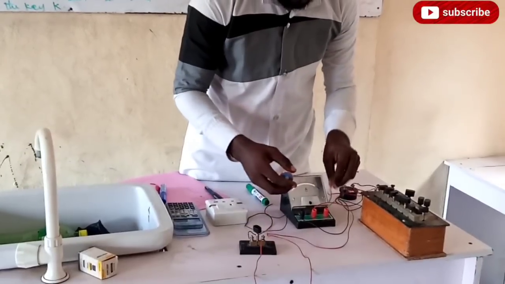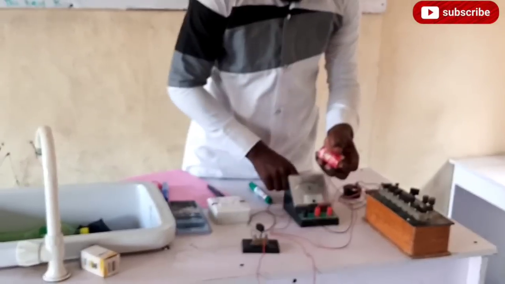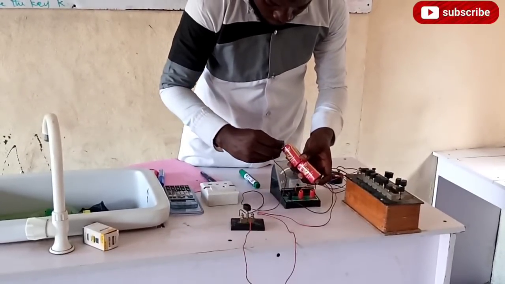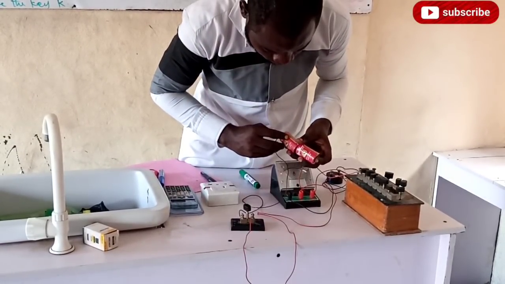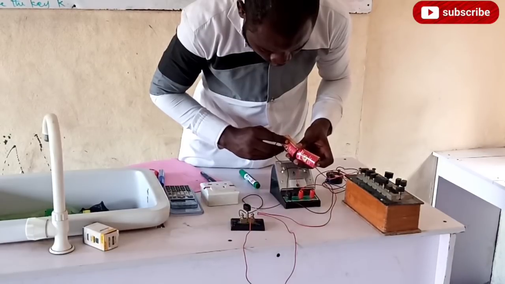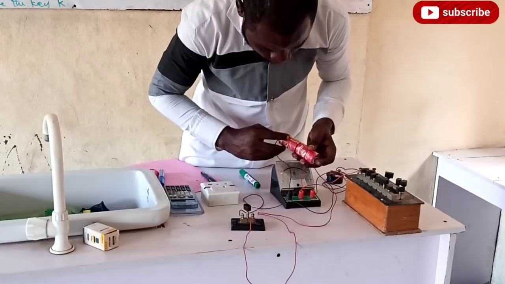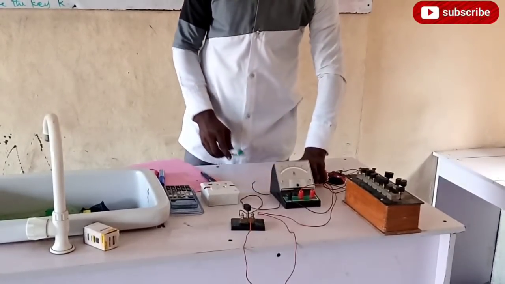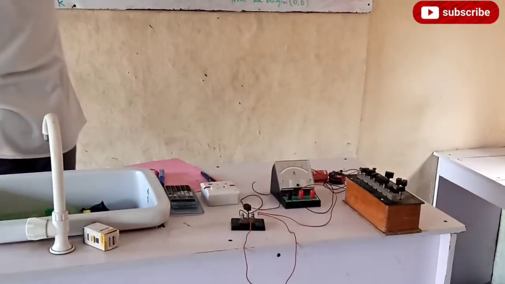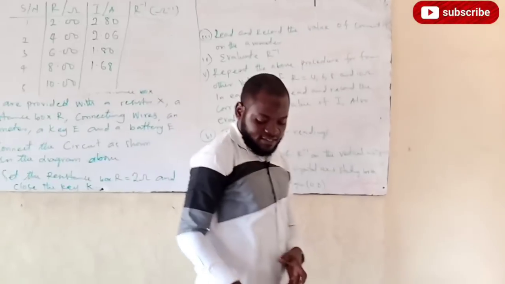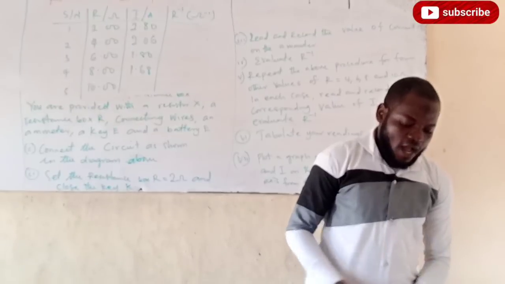Okay, this is giving us 1.68. And lastly, when it is 10 ohms, we have a column for 10 ohms here.